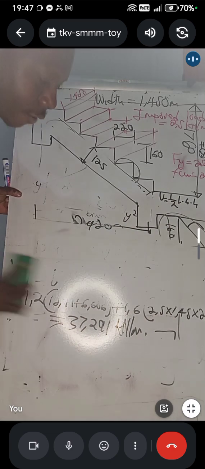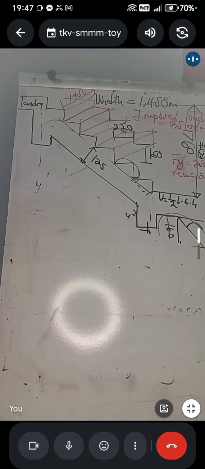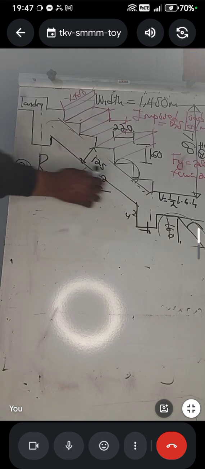I'm just going to write the formula so that you can understand. I know you'll be able to do that. They said, calculate the Bmax. We know the Bmax is WL squared divided by 8.